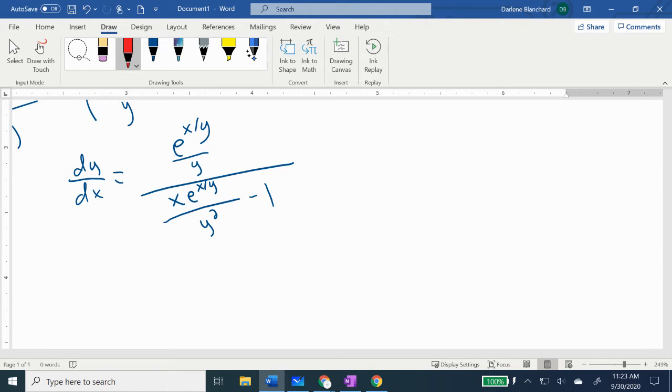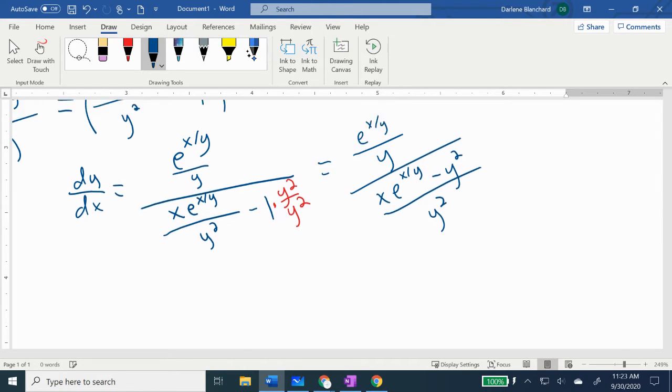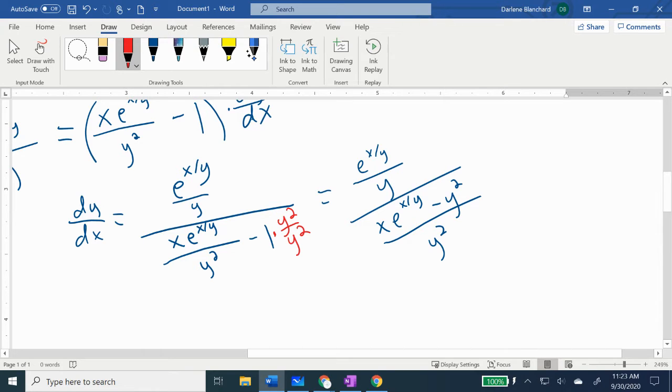And I need to get a common denominator of the denominator's fraction. And I'm going to save myself a little bit of time by cancelling one of the multiplications of y in the denominators of the two fractions.